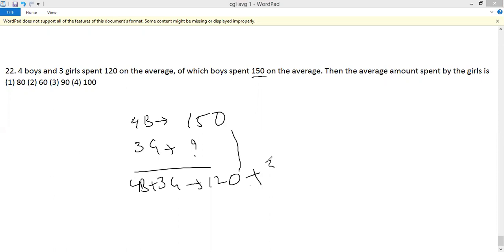Suppose 120 plus something, this is the total average. The girls must be less, no? The total average is less, so it is in between. So it is 150 minus how much? 30. Right. Otherwise take 120.